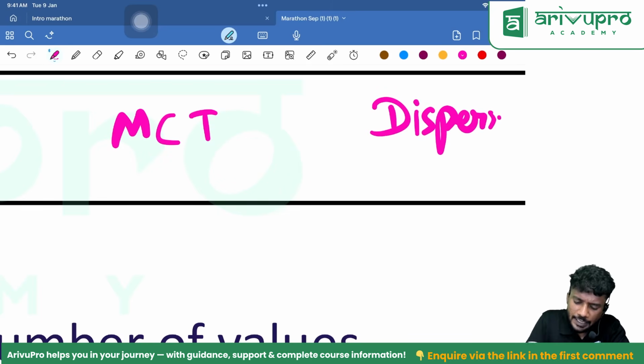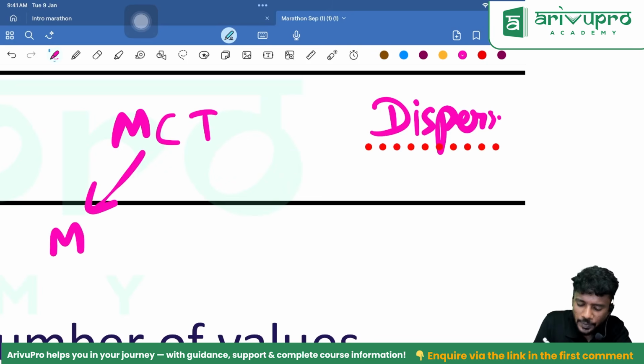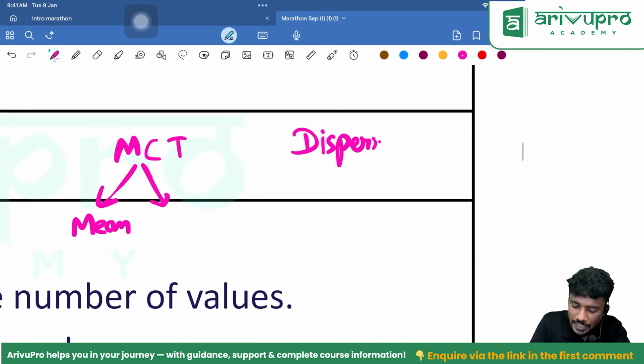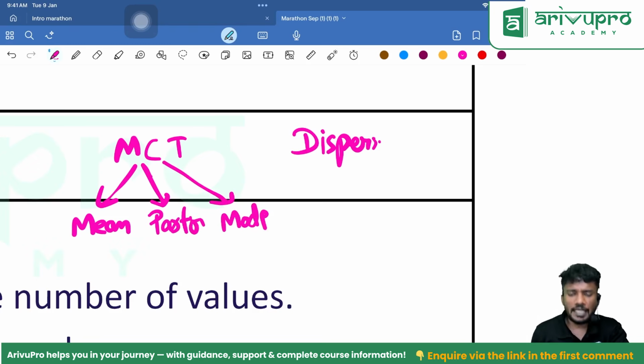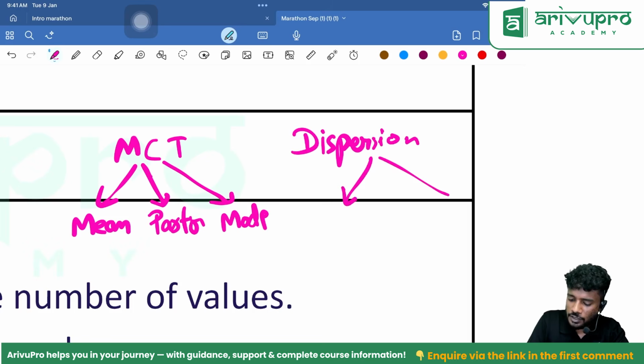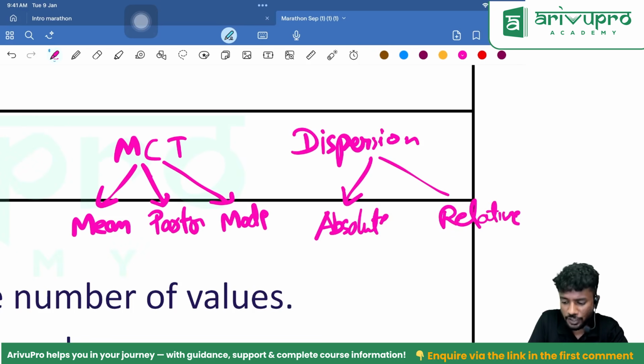In measure of central tendency, there is mean, then median, or I will write partition, then mode. Then in dispersion, there are two types. One is absolute. The other one is relative, which is unitless. If you have studied, relative measure doesn't have a unit.